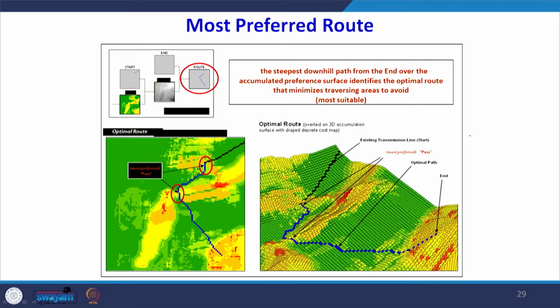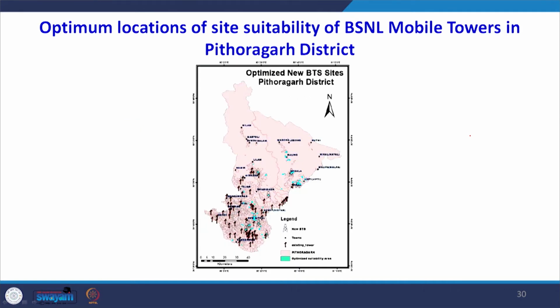Now you can put it on the 3D model, and see how this route is passing through the different points as far as the slope is concerned, as far as the housing area is concerned, and you can finalize the route.